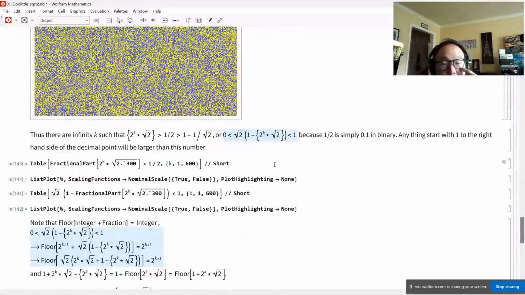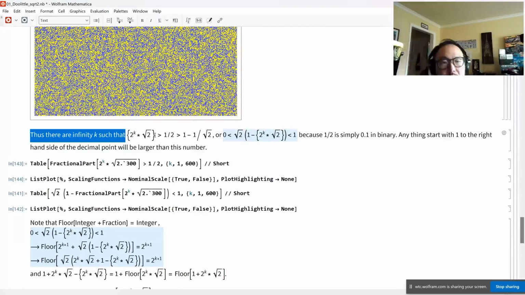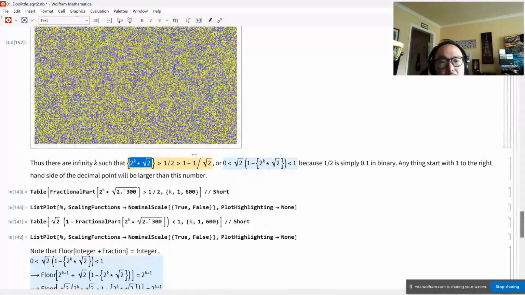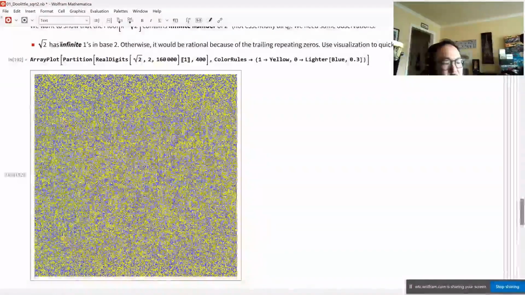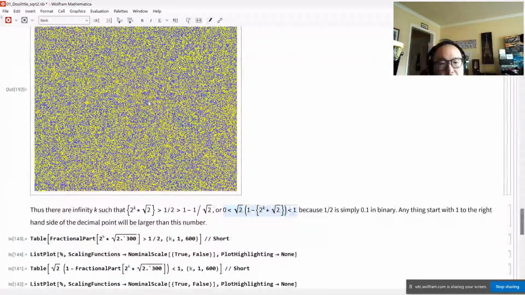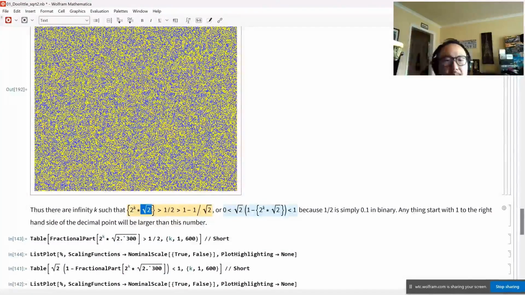The key idea to solve this problem is you need to find this condition, because 2 to the power k times square root 2 has infinite ones in the binary base. Multiplying by 2 to the k is basically a bit shift left for all the digits, and you will always encounter a 1.